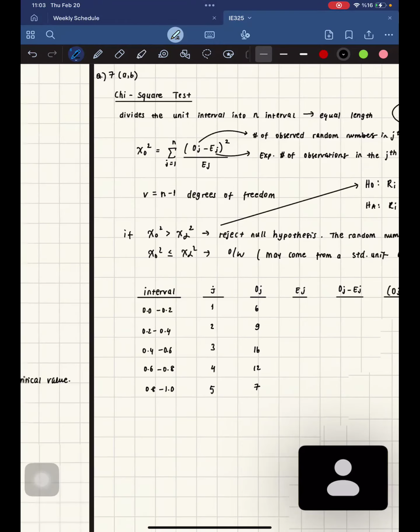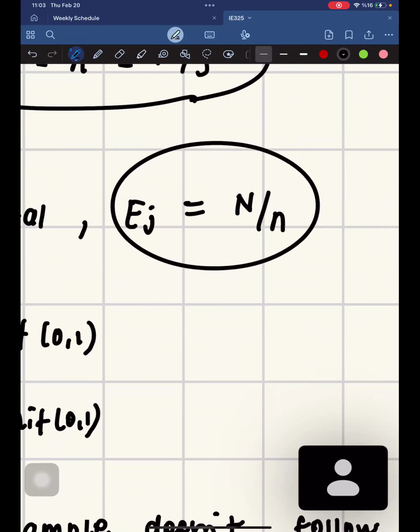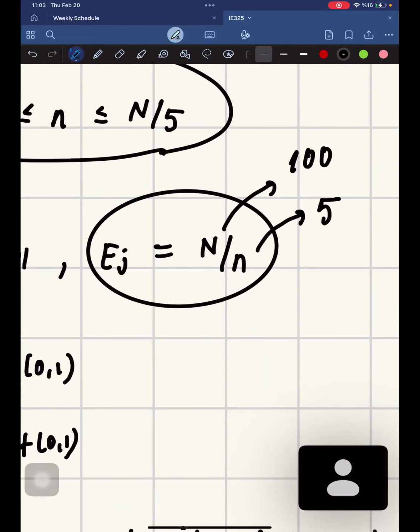The expected value is found like this: for the standard uniform distribution, the expected number is capital N divided by n, where N is our sample size and n is the number of intervals.